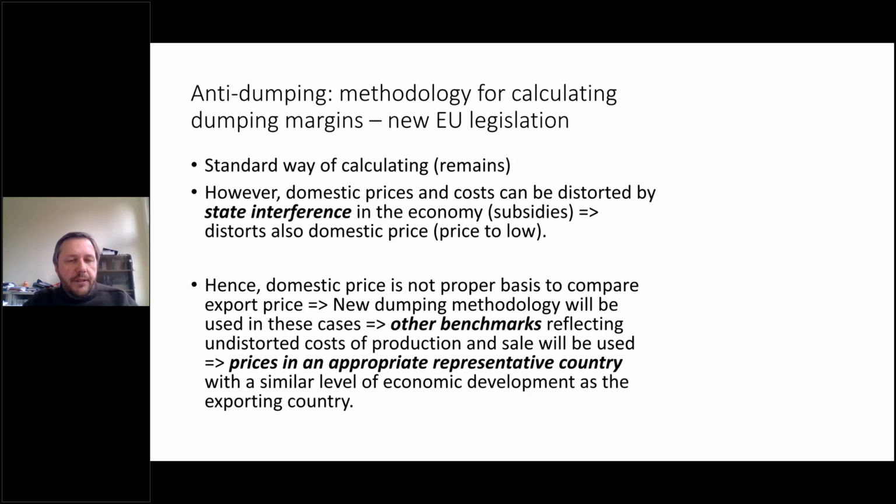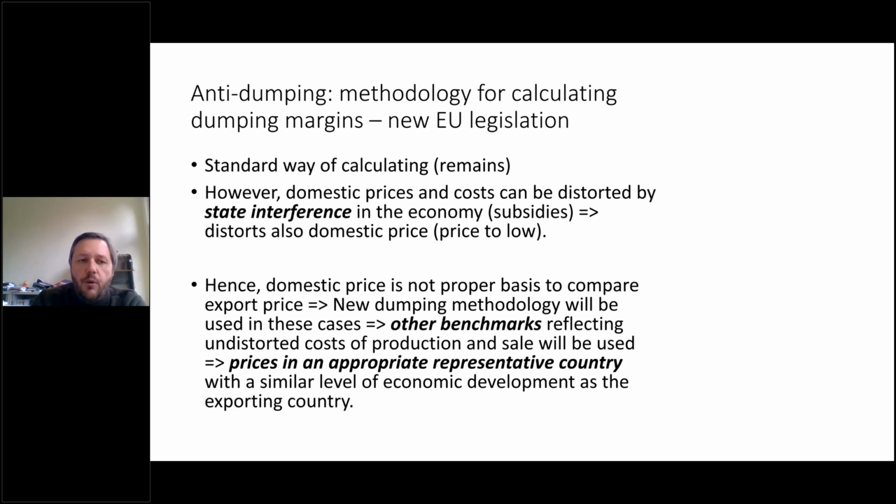Now, an important element is that, as we saw, the normal price is calculated on the basis of the price of the product on the domestic market, or the sum of the parts of which the product is made.